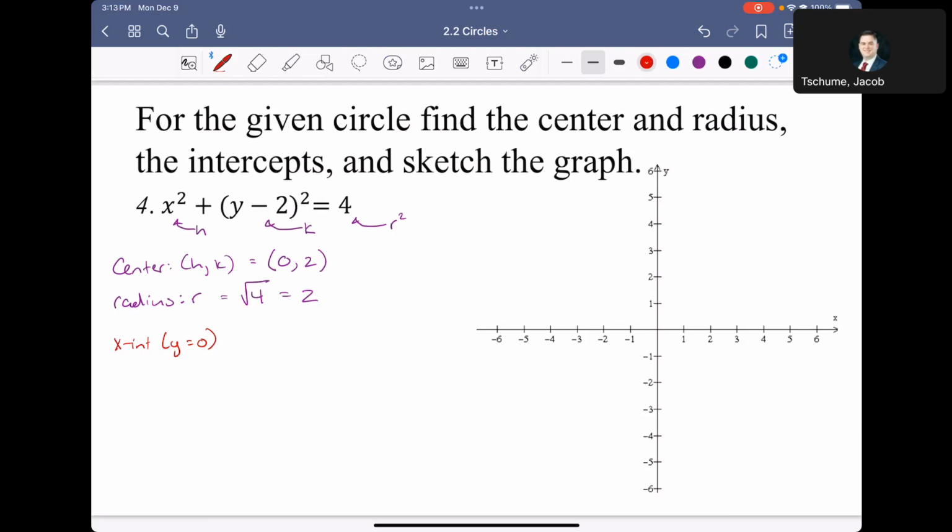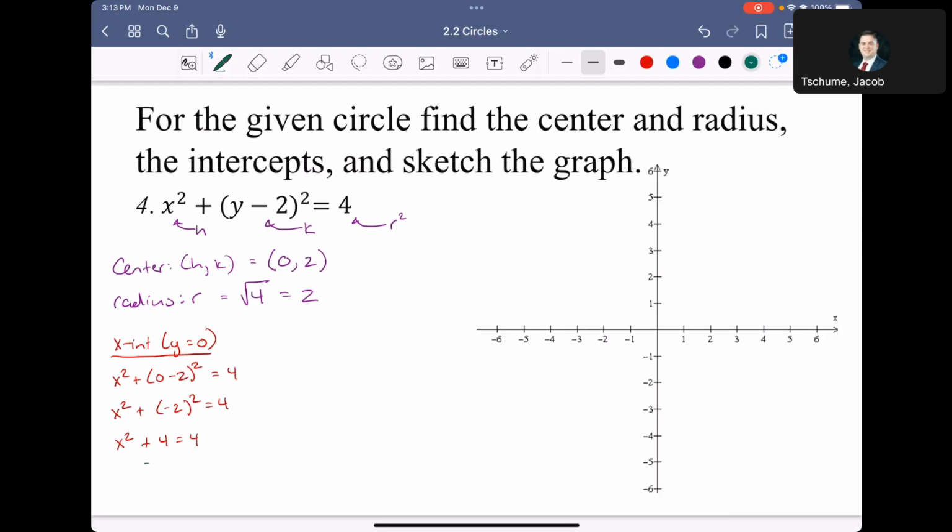So if I let y be 0 in the original problem, you will get x squared plus (0 minus 2) squared equals 4. This is x squared plus negative 2 squared equals 4, which is x squared plus 4 equals 4.